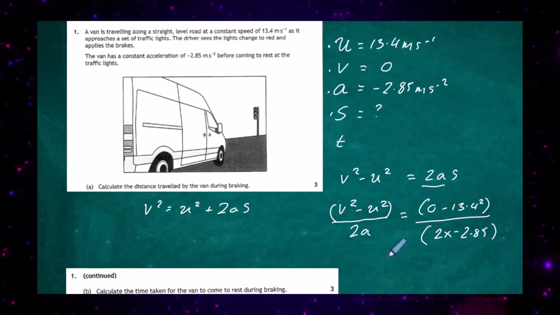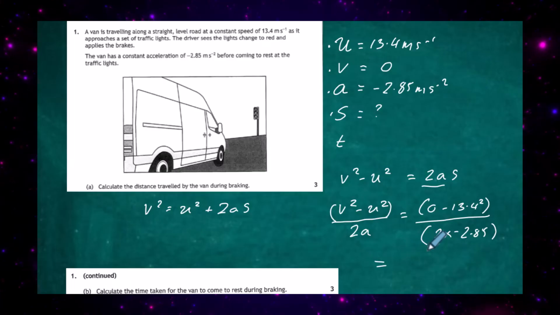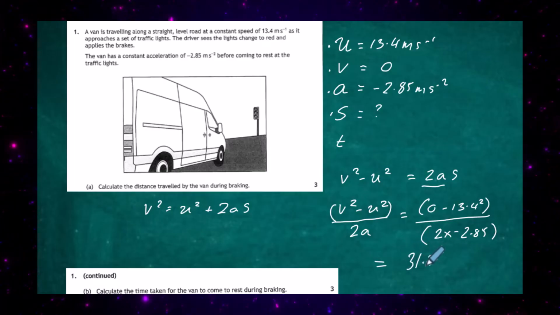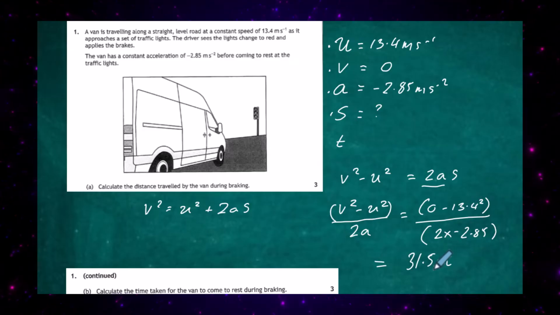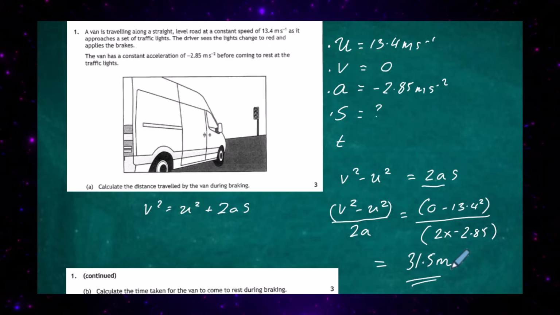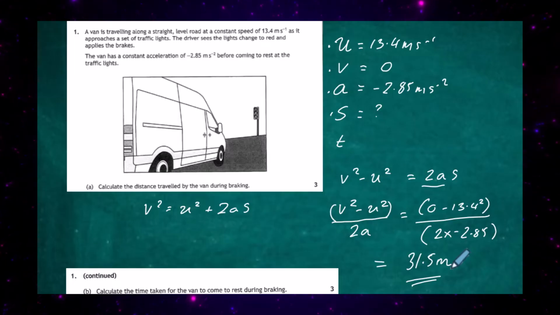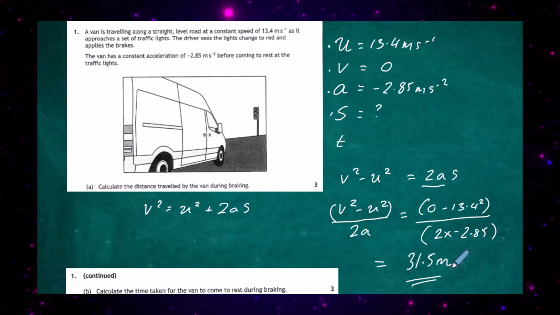If you do that in your calculator, you end up with the answer 31.5, a positive value, because the negative at the top cancels the negative at the bottom. So the van took a distance of 31.5 metres to stop.